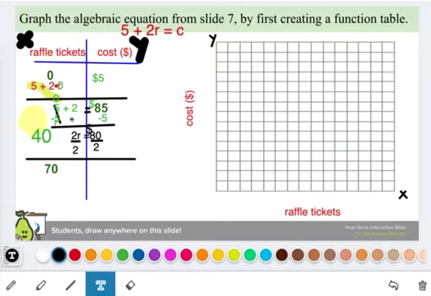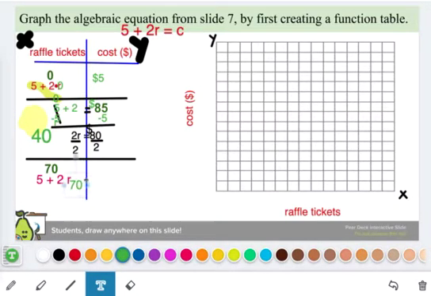Let's see how much they have to pay. It is $5 to enter and $2 per raffle ticket. So $5 to enter plus $2 for raffle tickets. That's how much. And this person bought, in red or pink, 70 raffle tickets, so 70 goes into where R is.